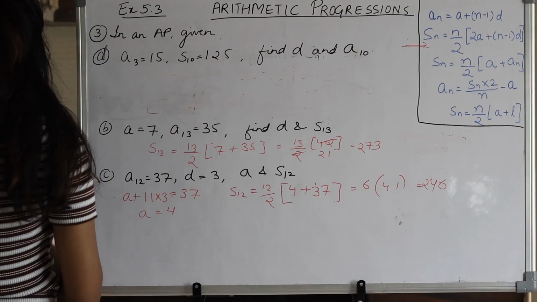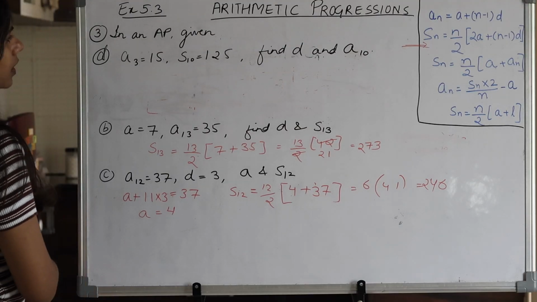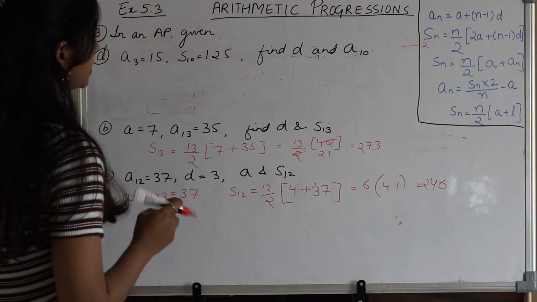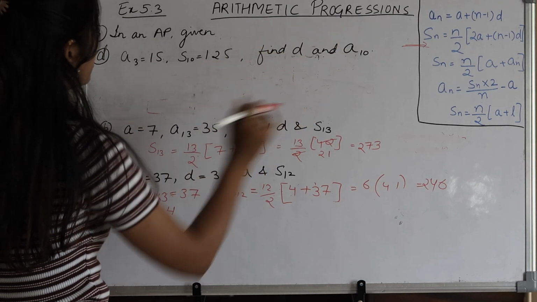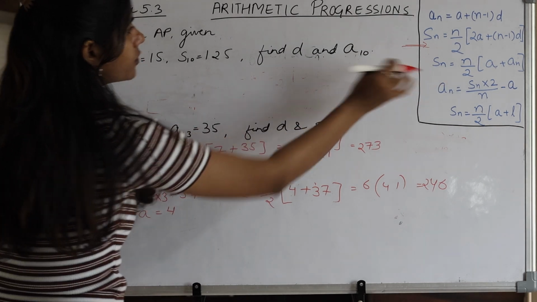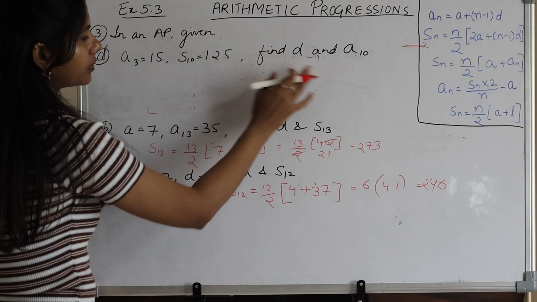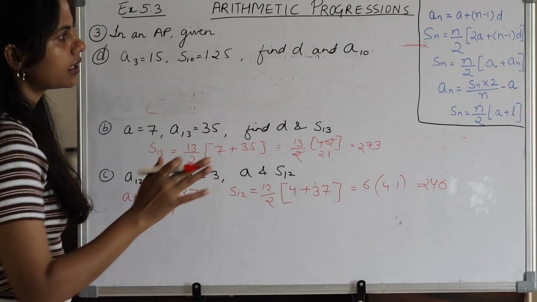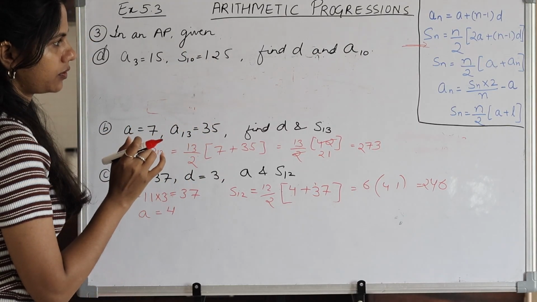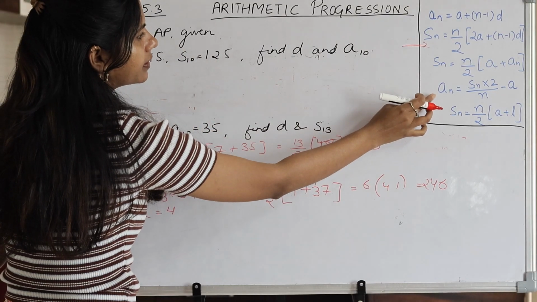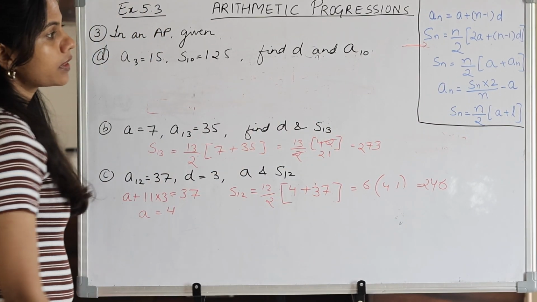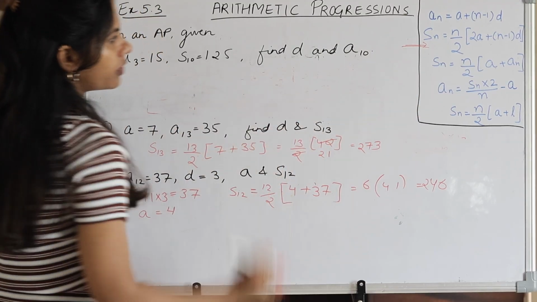Okay. So see here, we'll again see which formula we can use. Before that, first we have to find A10 here and we already have S10. This is the formula for finding an when Sn is given. Can we use this formula directly?